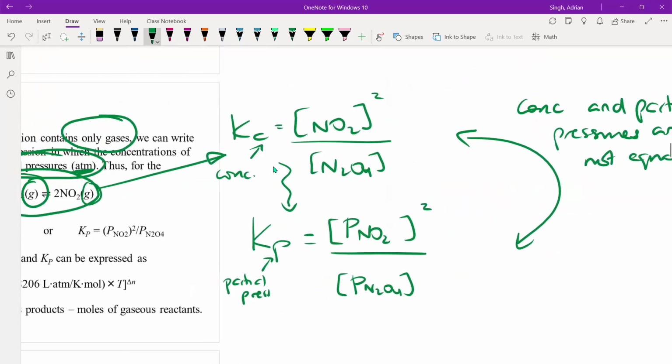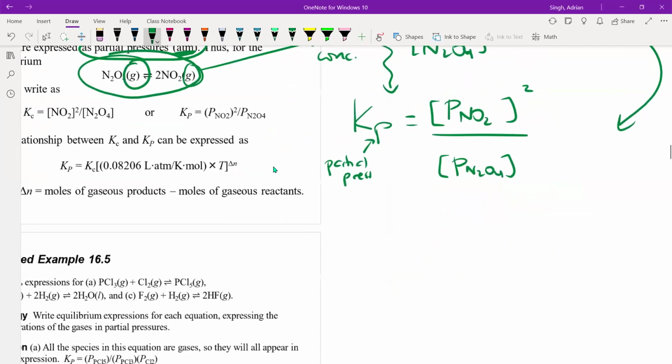So there's a relationship between them. So we can say then that the Kp, we won't go through the derivation of this, but it's not that difficult to derive the expression. Your book does a good job of walking you through that. The Kp expression is equal to the Kc expression in terms of concentration times the gas constant R times the temperature, the thermodynamic temperature in Kelvin.